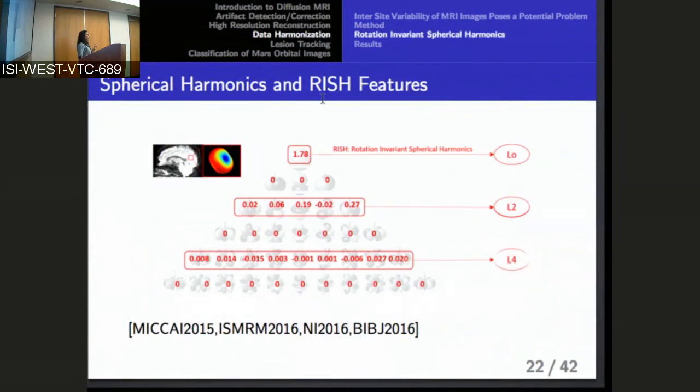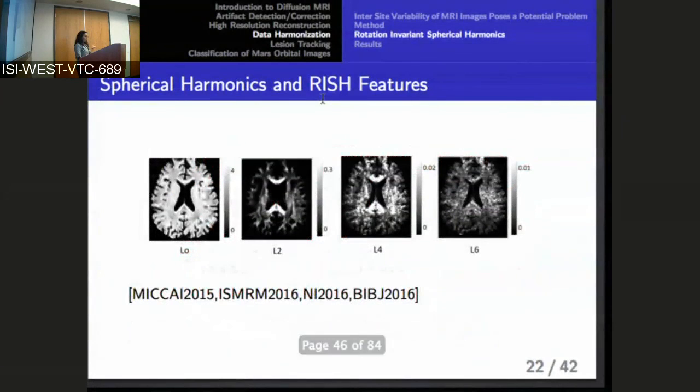Then we define rotation invariant features as the L2 norm of the coefficients at different levels. It has been shown that the L2 norm of the spherical harmonic coefficients is invariant to rotation. This is just a visualization of those rotation invariant features computed at each voxel. At each voxel, we have these three features at different levels, right?